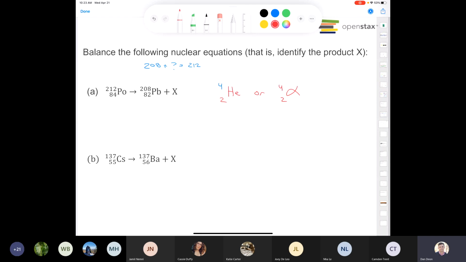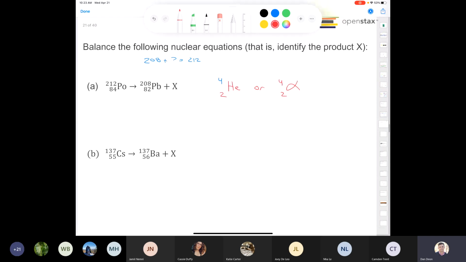If we take a look at the next one, I'm going to give you a second to try to solve the next one on your own. Take a second, and if anybody can tell me what we have as X in the second one, just let me know. Yeah, exactly. In the next one we have a beta particle, right?